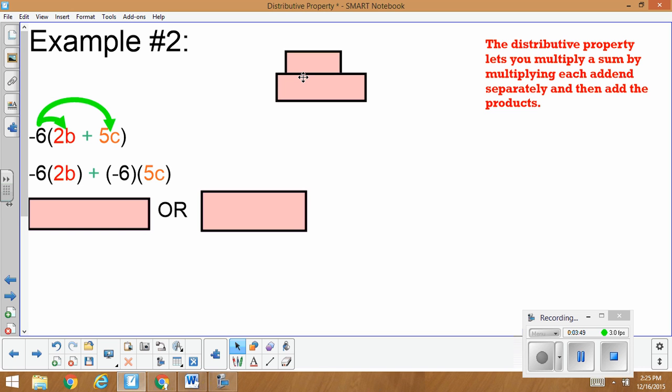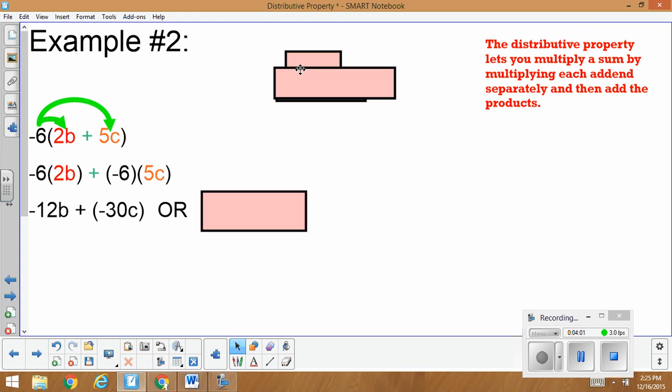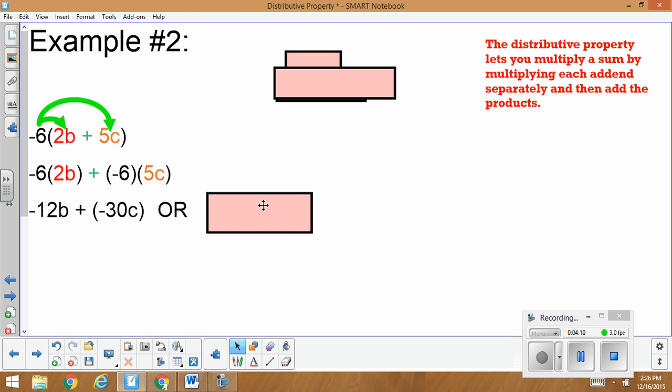Okay, now I'm just going to reduce it and combine it. So negative 6 times 2b is negative 12b plus negative 30c. What you could also do is write it as negative 12b minus 30c. If that step confuses you, just forget about it, okay?